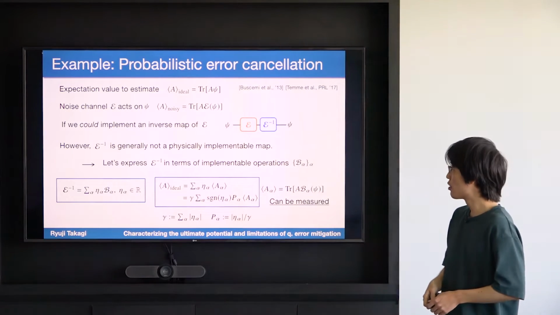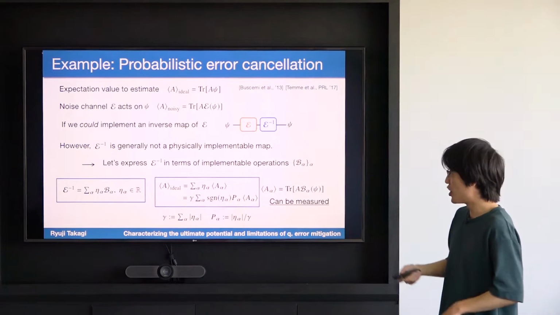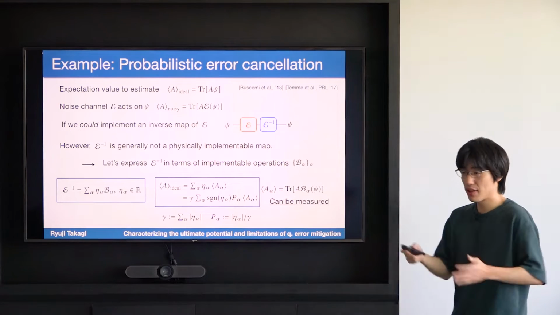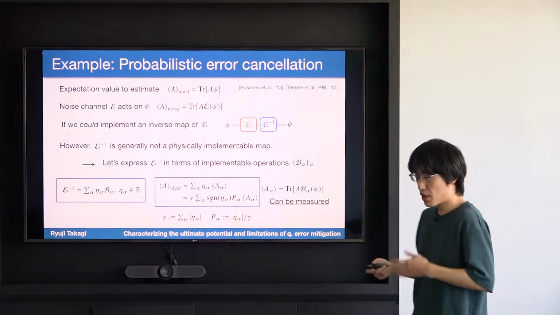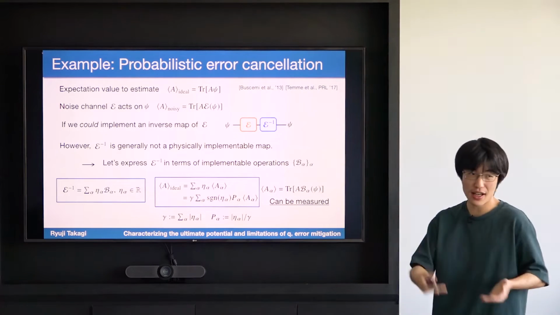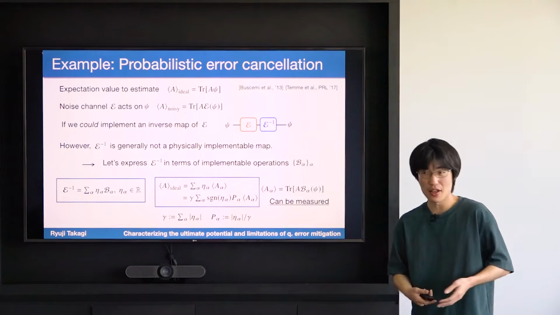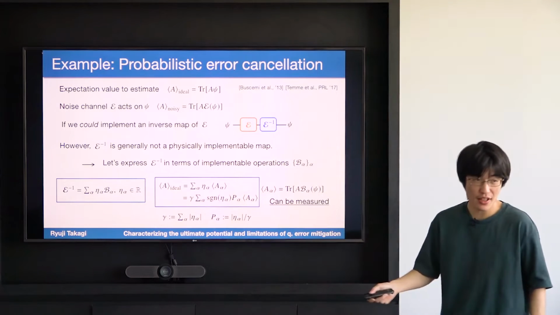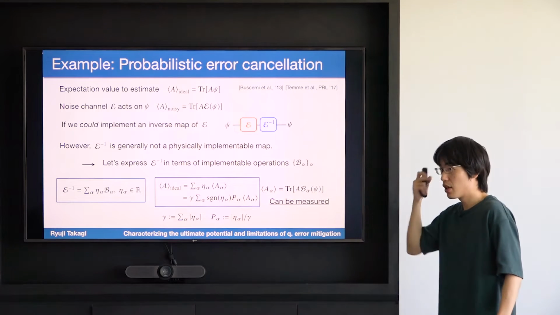So how do we do that? Let me hypothetically consider an action where we try to implement the inverse map of the noise, E inverse. If we could implement this E inverse, there would be no problem, because you apply the E inverse, get the ideal state out, and measure the observable A. But the problem is that this E inverse is usually not even a physically implementable map.